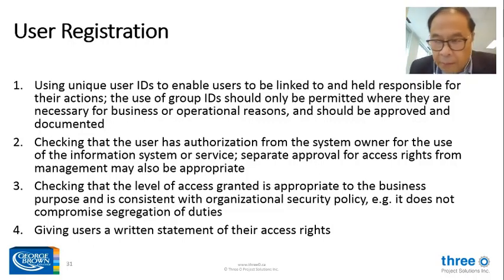So we talked about asset classification last week, that each system has its owner, data has data owner, applications have application owner. So by granting access, the resource owner, be it system owner, application owner, or data owner, should have a say, or at least have a way to indicate whether they're in agreement or not.